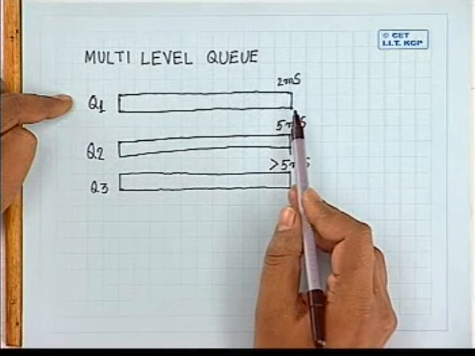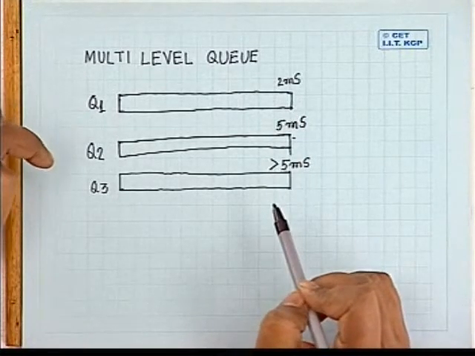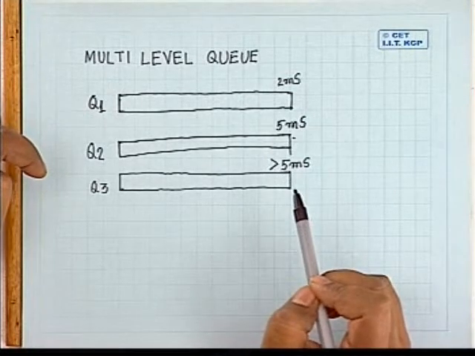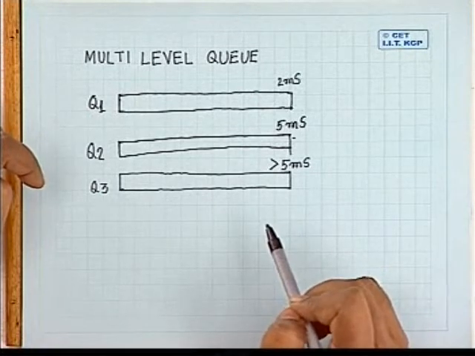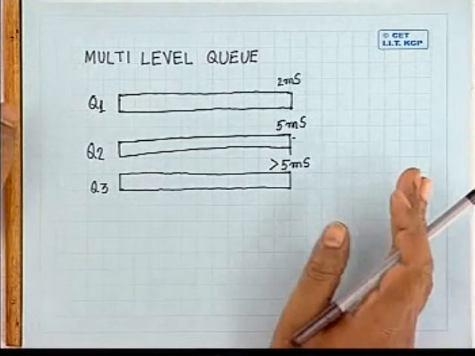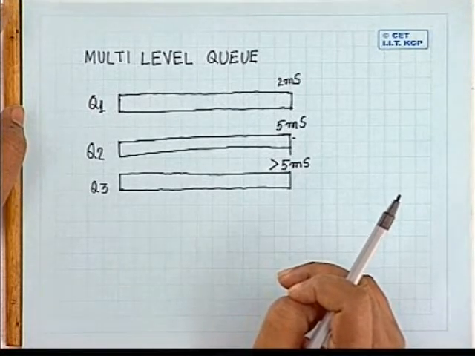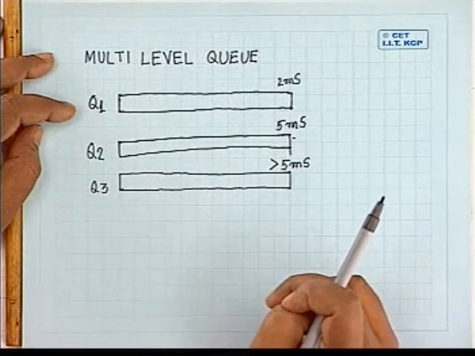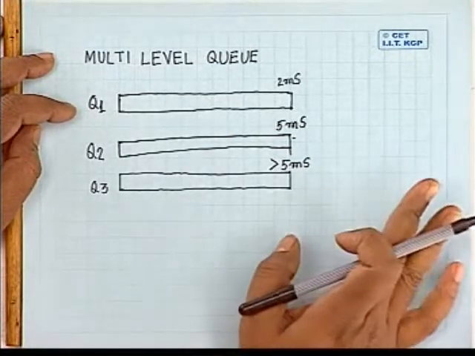But there is a disadvantage. It does not take care of the dynamic nature of the job. For example, a job may initially take CPU bursts of greater than 5 milliseconds, which means the job is CPU bound, but after some time maybe the job becomes IO bound, so its CPU time requirement will be less.